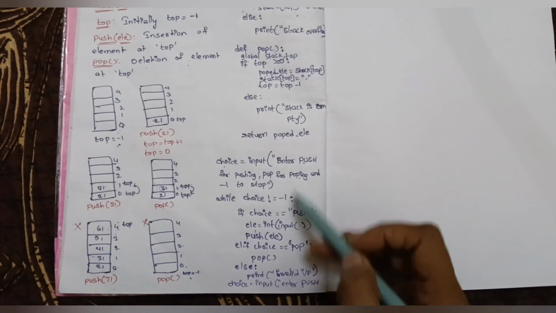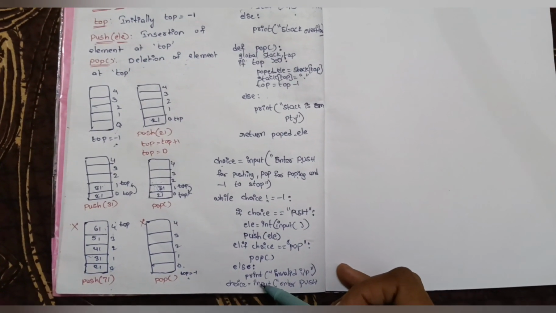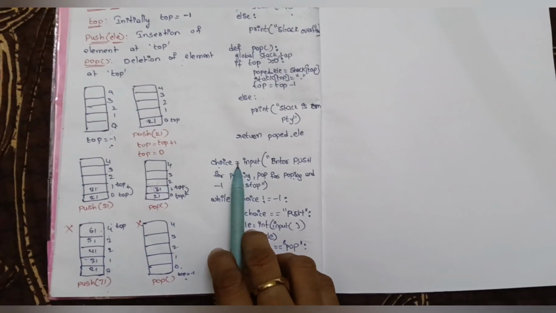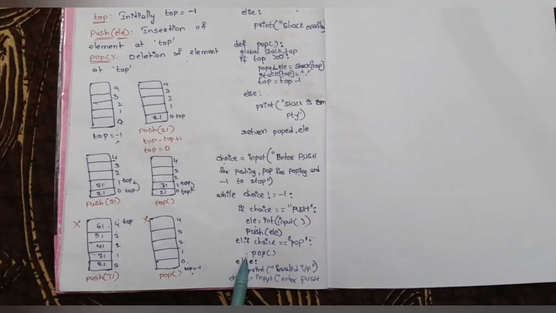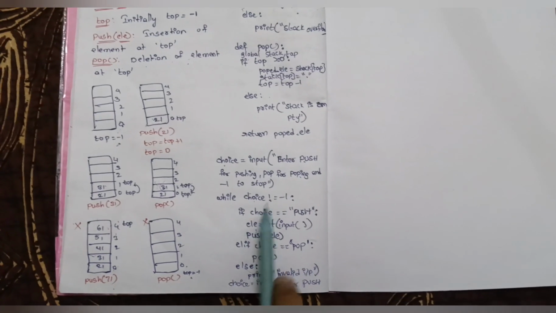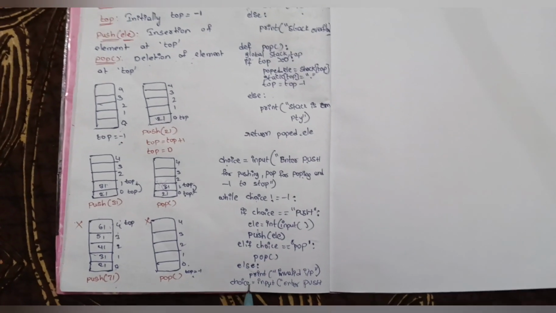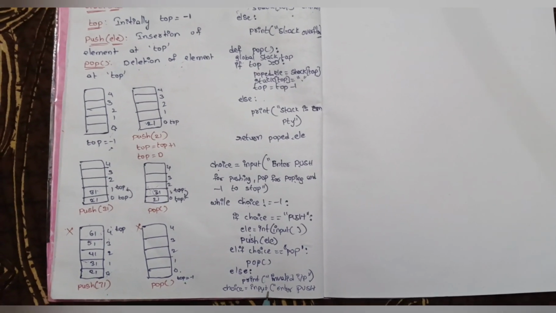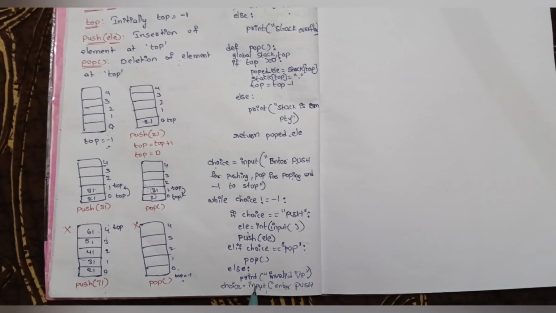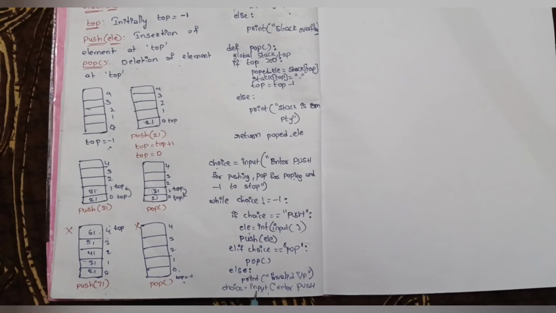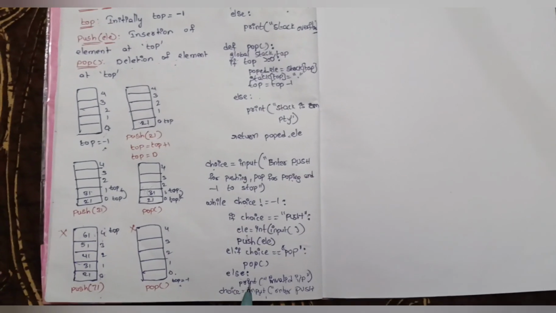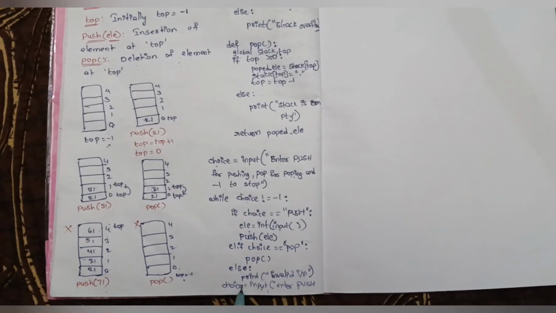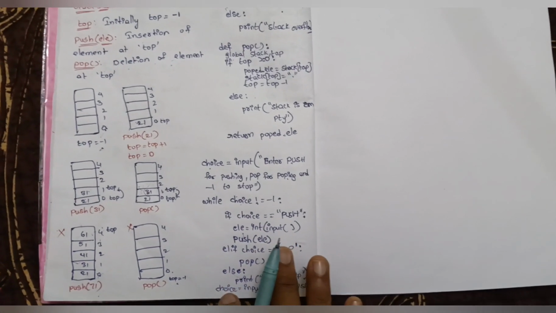You have to repeat this statement inside the while loop as well, so that the first choice is taken before the loop, and after finishing one iteration, again inside the loop we ask the user to enter push or pop or -1. Whenever the user enters -1, we come out of the loop and no more iterations happen.